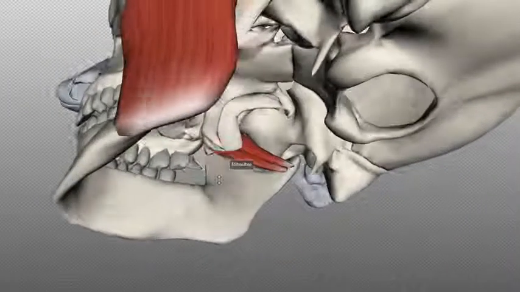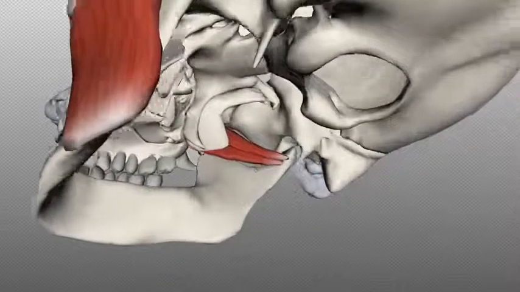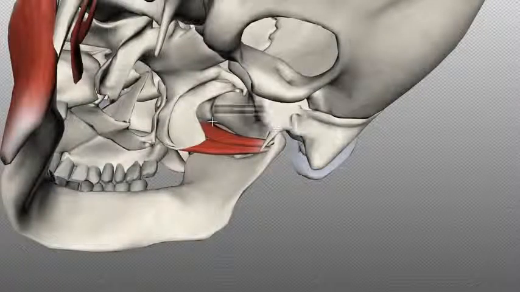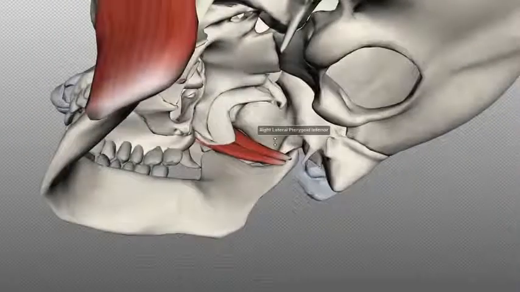So what you've got here are the lateral pterygoid muscles, and there's two parts. You've got the superior lateral pterygoid and the inferior lateral pterygoid. The superior lateral pterygoid originates on the infratemporal surface of the greater wing of the sphenoid, and it inserts superiorly on the condylar process of the mandible.